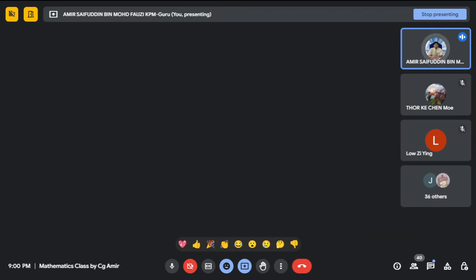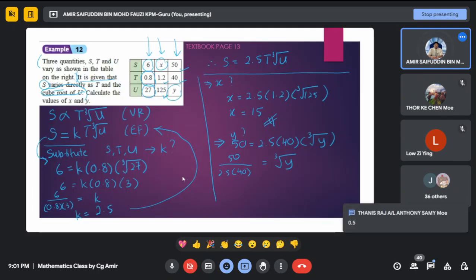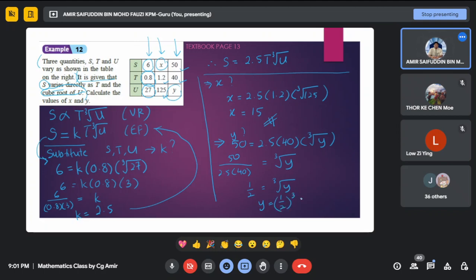1 over 2, or 0.5. So let's say 1 over 2 equals the cube root of y. So y here is 1 over 2 to the power of 3.